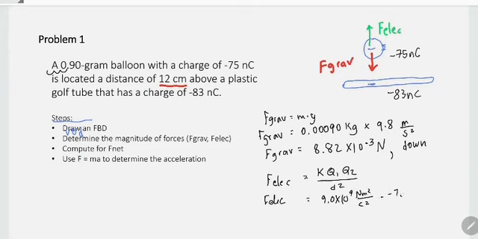O, anyway, maging q1. Times 10 to the negative 9. That's nanocoulomb. Negative 75 times 10 to the negative 9. O, coulomb na lang doon kasi ginawa mo nang times 10 to the negative 9. Move it 2 decimal places to the left. Para maging meter, don't forget to square. Let me go to my calculator.